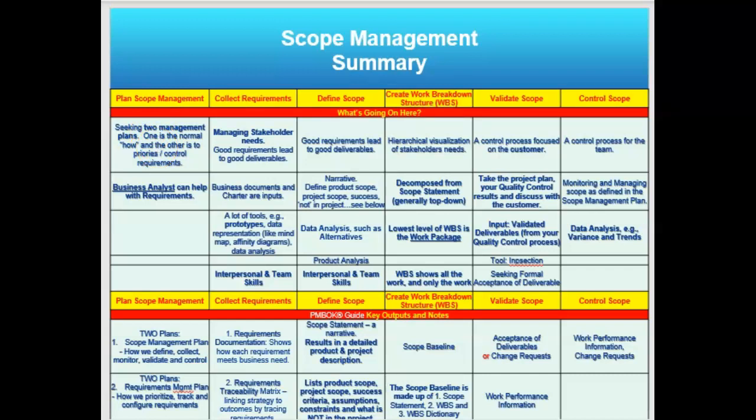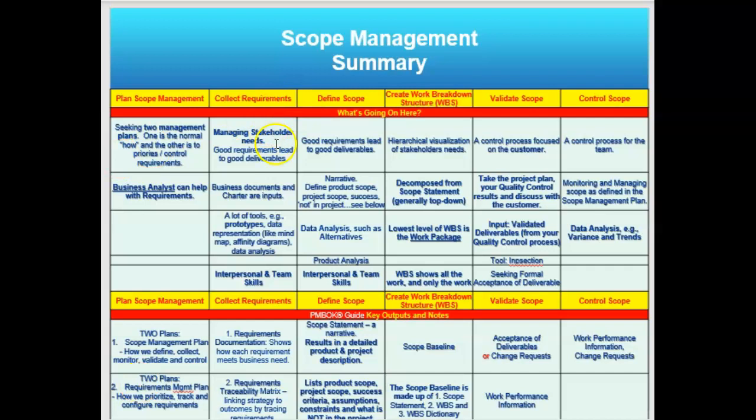One is the normal how I'm going to do something. That's a normal management plan. The other one is about clarifying the priorities and controlling the requirements. The priorities of the requirements. I've listed them now in a priority order. I'm going to use a business analyst, and that's why sometimes the requirements management plan is called a business analysis plan. And so I have my two major outputs, which are my scope management plan and my requirements management plan.